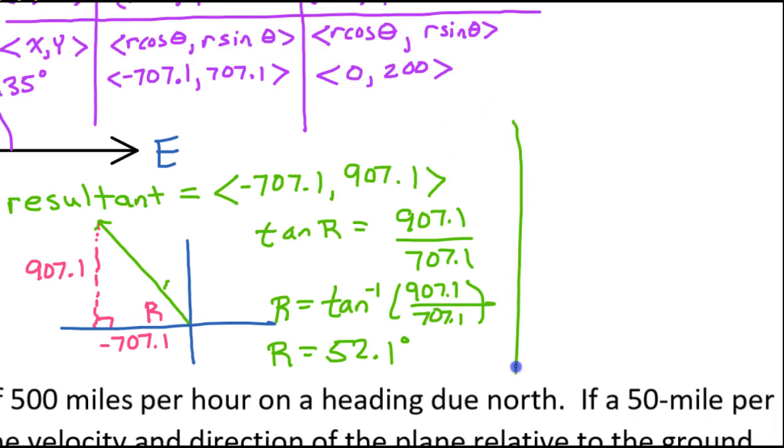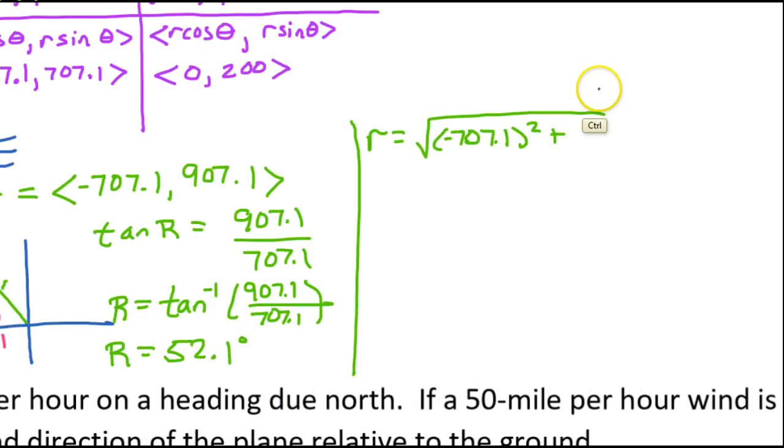So I'll just draw a line, and let's find the magnitude, and I can call it R, for I often use R for the magnitude. But that's just going to be the square root of, and then I'm going to square each of these. So it's going to be the square root of negative 707.1 squared plus 907.1 squared.